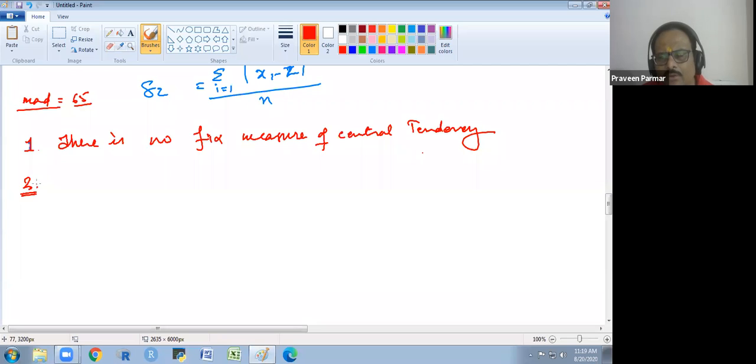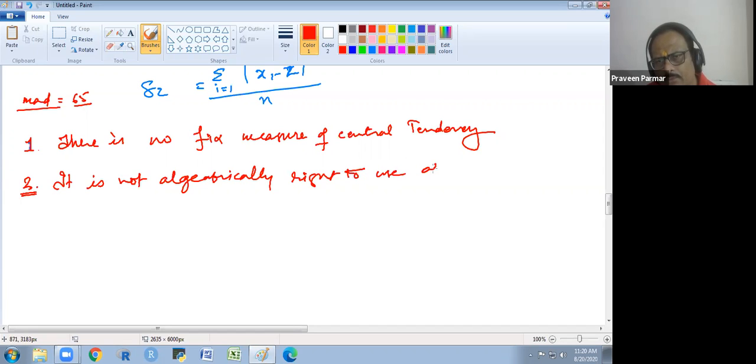Second thing, to convert negative into positive, it is okay in arithmetic. We could use the absolute value, but it is not valid in algebra. It is not algebraically right to use the absolute value. We could not apply it algebraically.